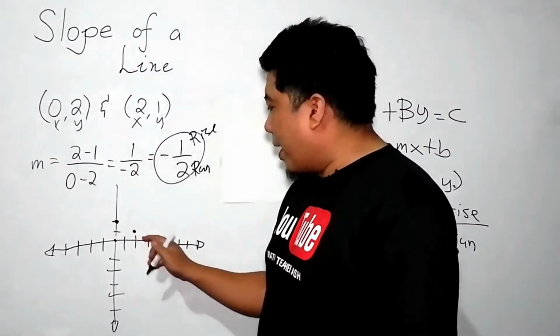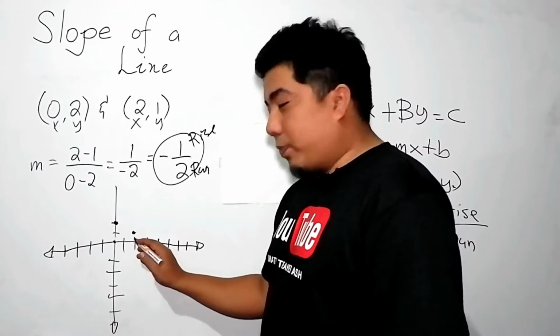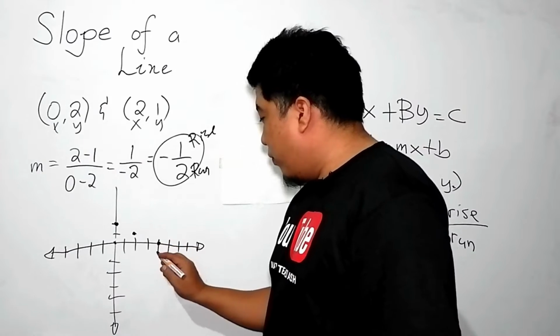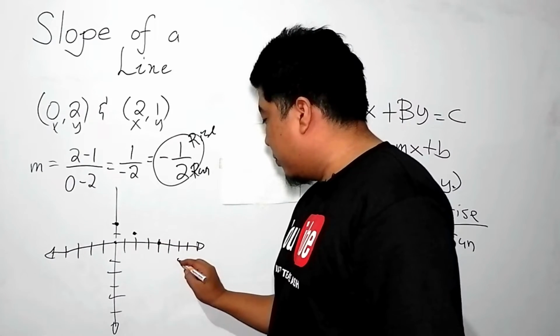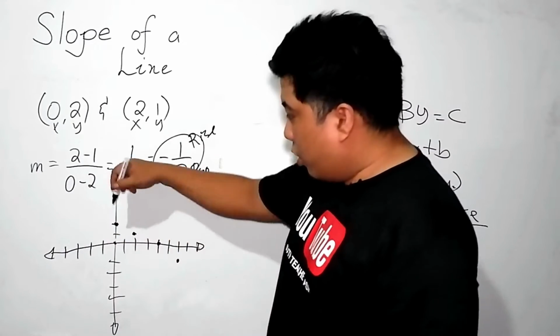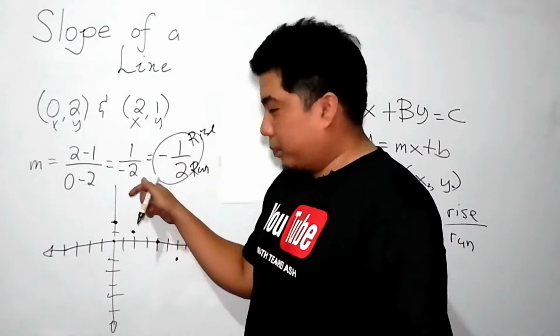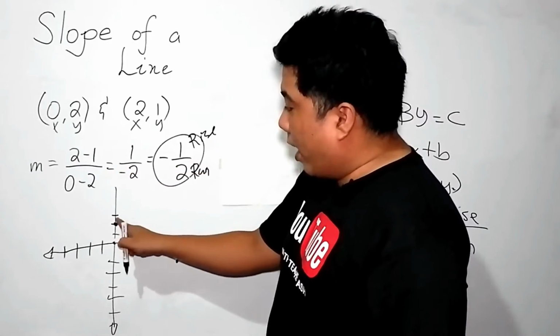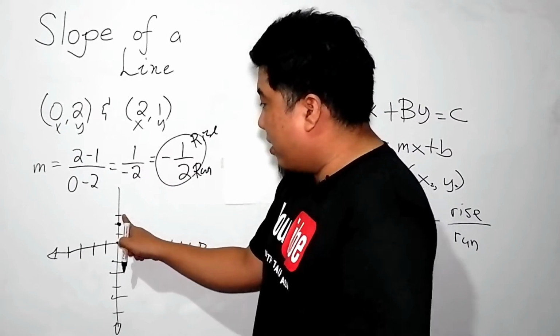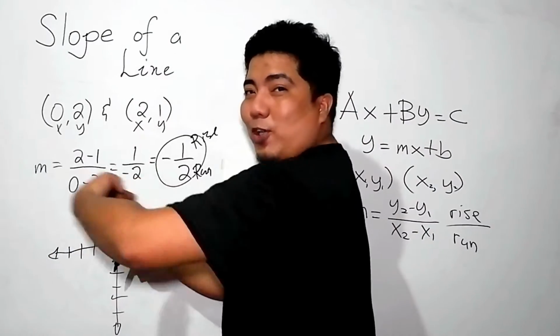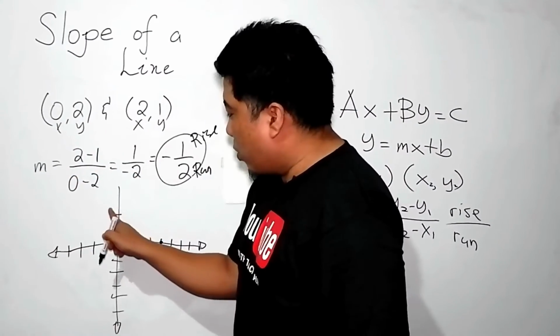Now, if you continue the pattern, you fall 1, you run 2. You fall 1, you run 2. And in here, of course, the opposite of that is 1 over negative 2, you go up 1, and then, since your negative 2 is negative, therefore you run to the left, that is 1, 2.